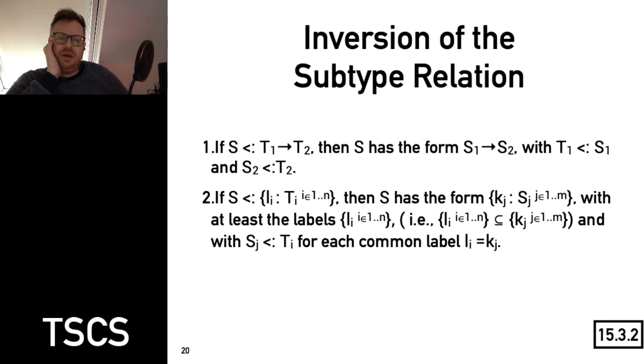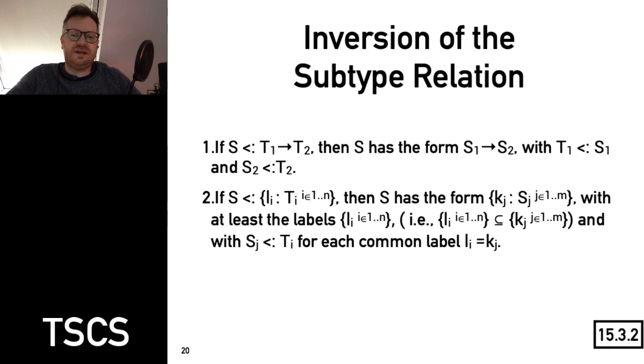The second thing that holds here is that if S is a subtype of this record, then S has the form {k_j : S_j}, j in 1 to m, and at least has the labels l_i, i in 1 to n.